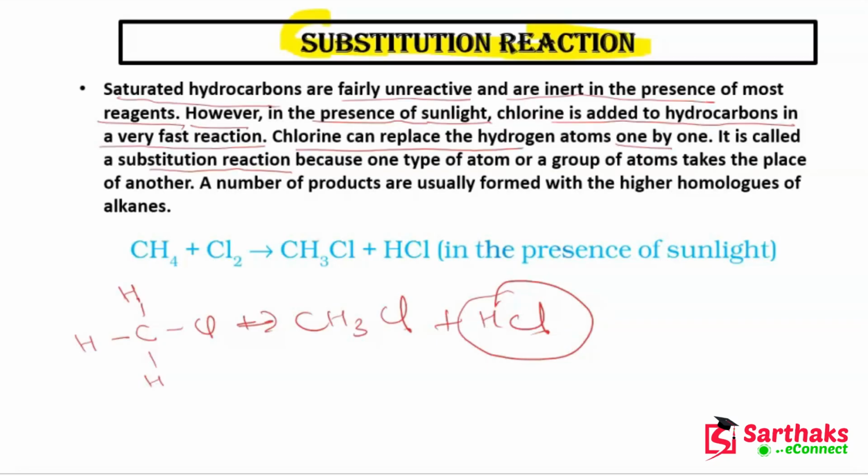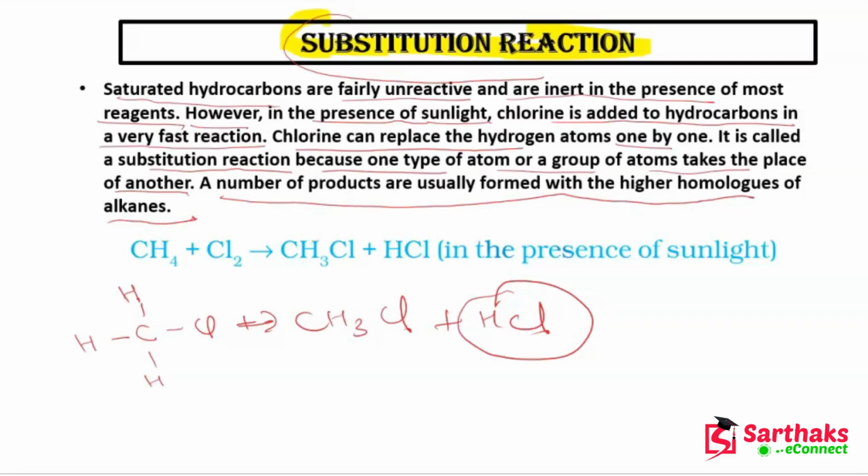Atoms are removed in this reaction, so that's why this is known as a substitution reaction. One type of atom or group of atoms takes the place of another; you can see that chlorine is taking the place of hydrogen and removing it from its compound. A number of products are usually formed with the higher homologous alkanes.